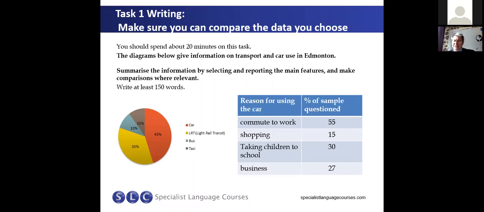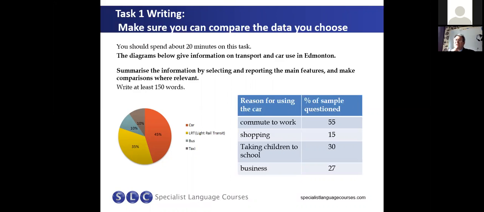So let's have a look at the table. This is splitting the car journeys, the 45% of journeys which were by car. It's splitting it now by the reason for using the car. So commute to work, 55% suggested that was one of the things they used it for. 15% said they used it for shopping. 30% taking children to school. 27% business.